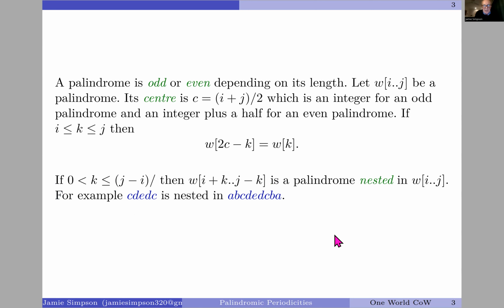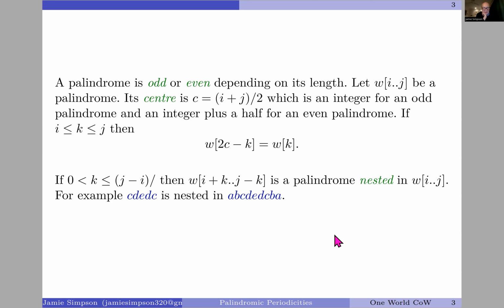And if it's odd, then the center coincides with a letter. In either case, we have this identity for finding out what things are equal to each other in a palindrome. That's W[2c-k], that's twice the center take away k, is equal to W[k] if k is lying inside the domain of the palindrome.